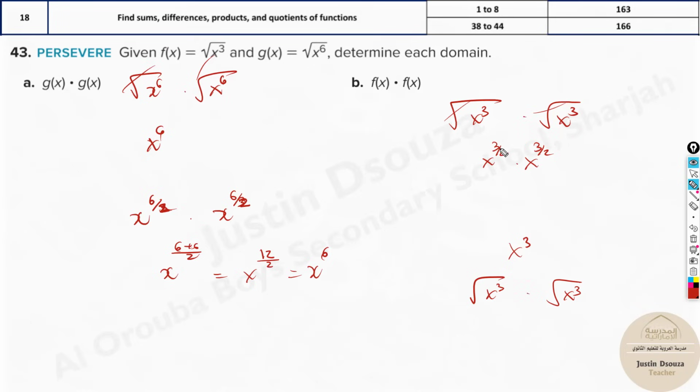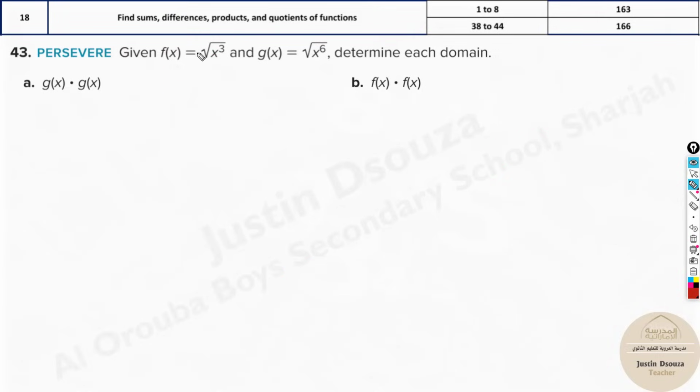Whenever you have a square root, it's power one half. If you have a cube root, then it will be 1 divided by 3. Whatever the radical symbol, it will be the divisor. Now this is basically x to the power 3 only. Now I've just erased all this. I'll write the answers directly. f of x times g of x has been multiplied over here. It's x cubed. Over here, what happens? It's x to the 6. So now we need to find the domain.